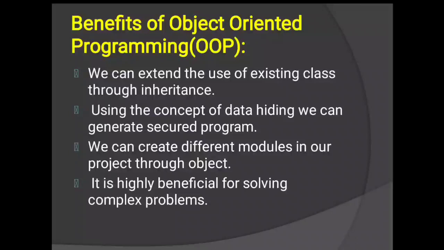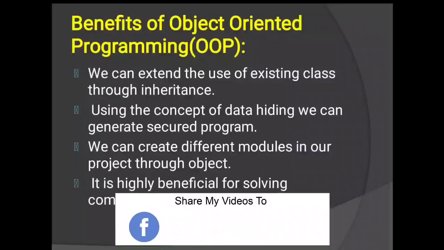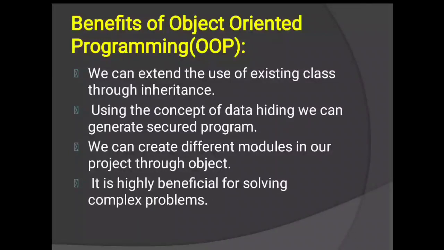And if we declare the data under the public section, then that data will be used both inside and outside of the class. That is why private and protected we use for data declaration and public we use for data implementation. We can create different modules in our project through objects.